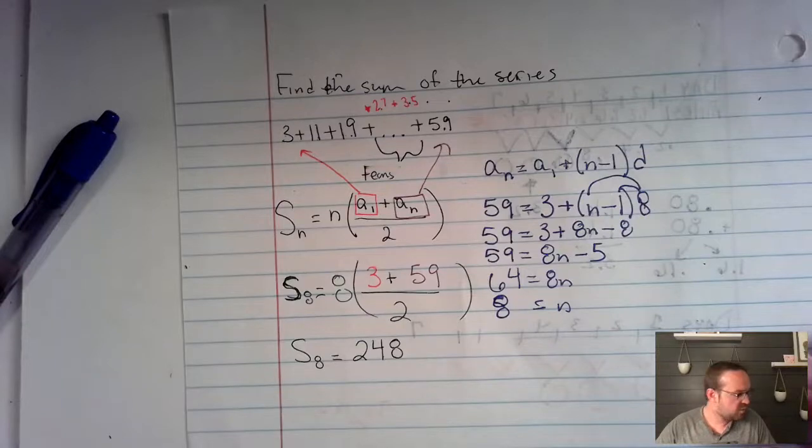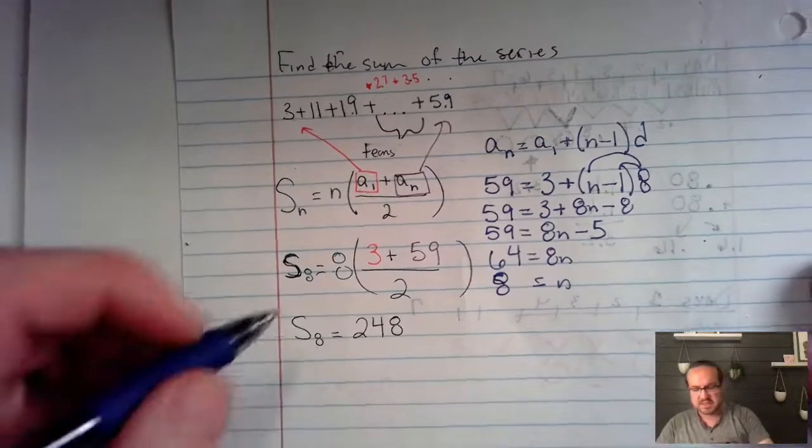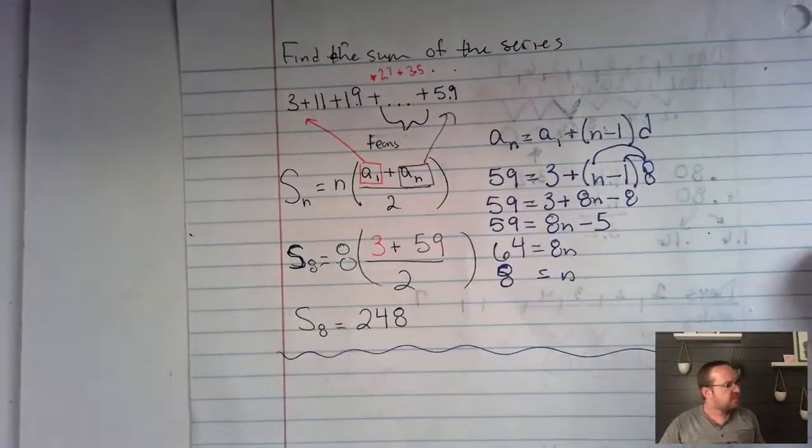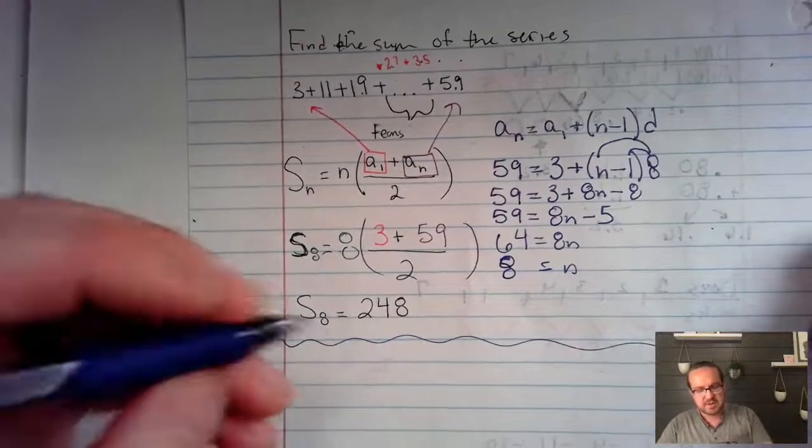Sometimes you might have to find the last term in the pattern. So let's think about this here. Let's say I have a situation, and I'm not going to try to make the problem exceptionally hard here, but let's say that I have this pattern right here, and I want to know a couple different things.